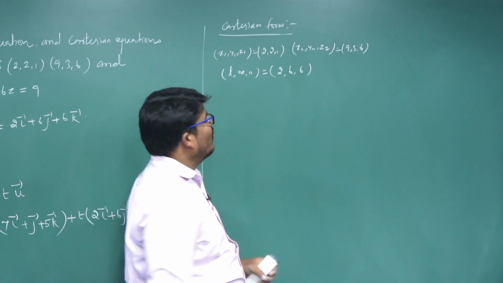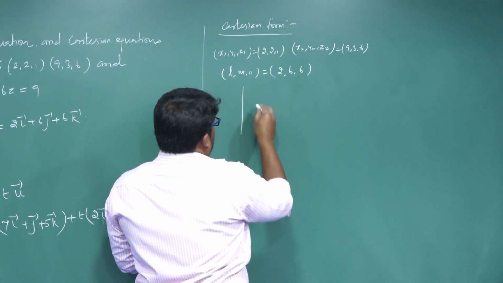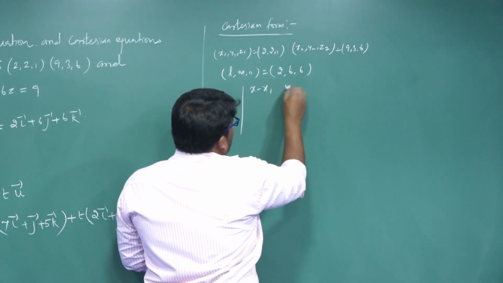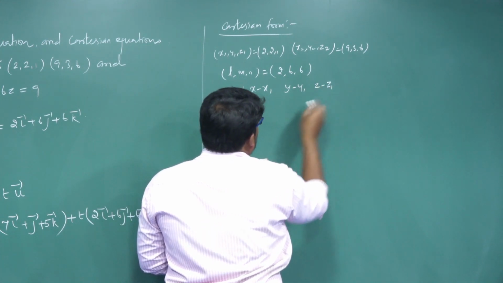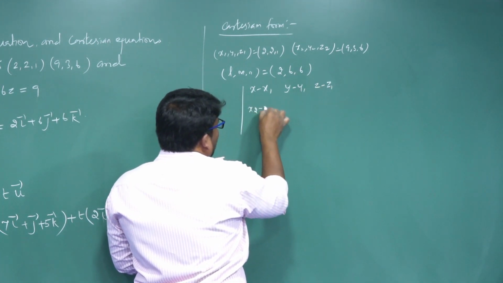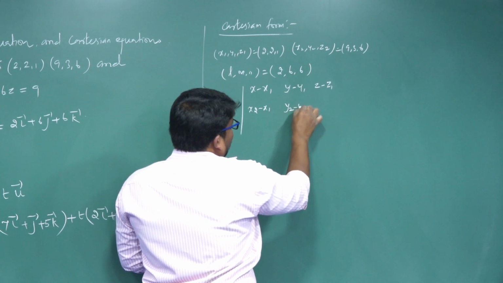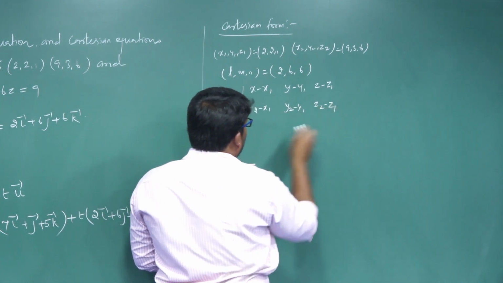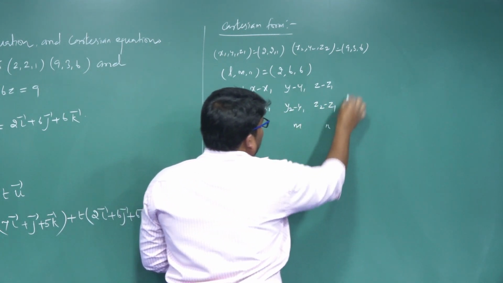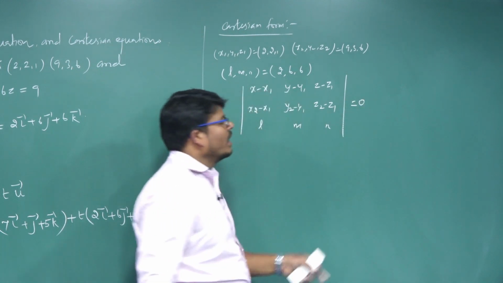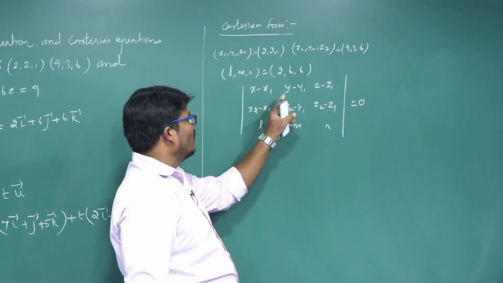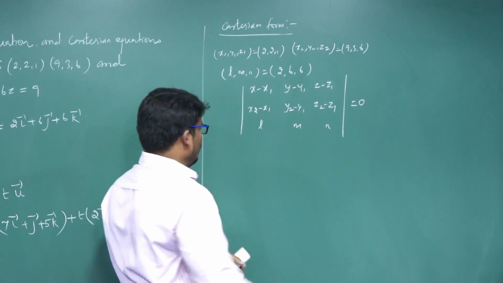Now write the Cartesian formula: the determinant of x - x1, y - y1, z - z1; second row x2 - x1, y2 - y1, z2 - z1; L, M, N equal to 0. That is the Cartesian form.